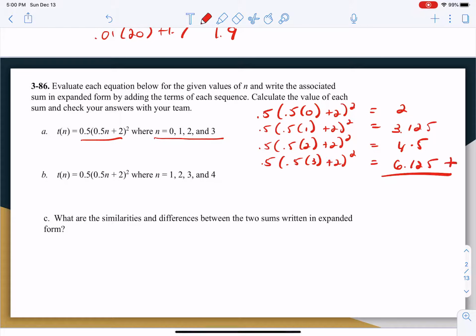So adding up those 4 terms in the sequence, I have 15.75.